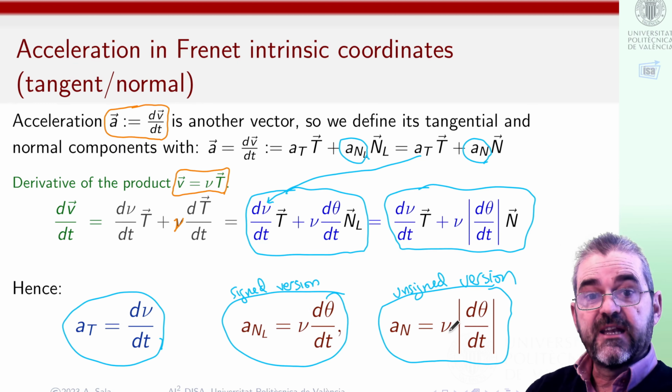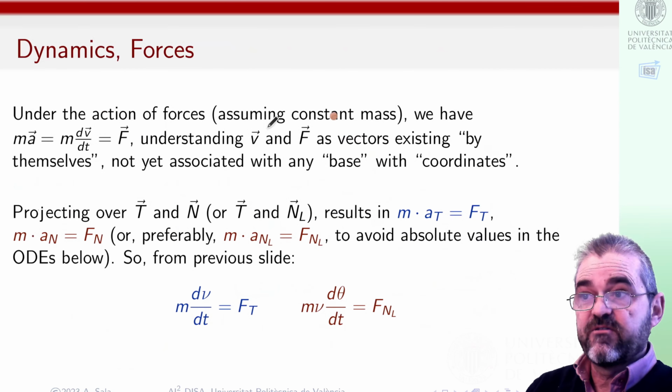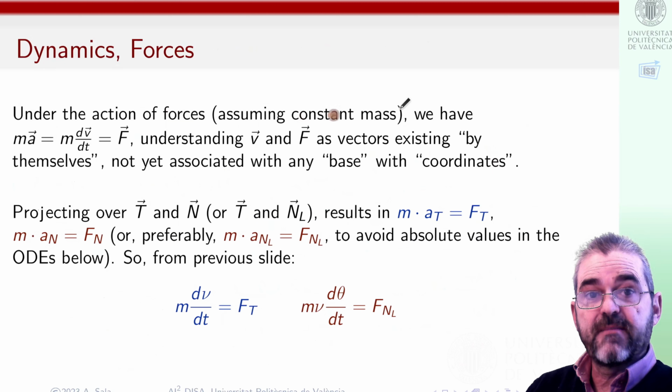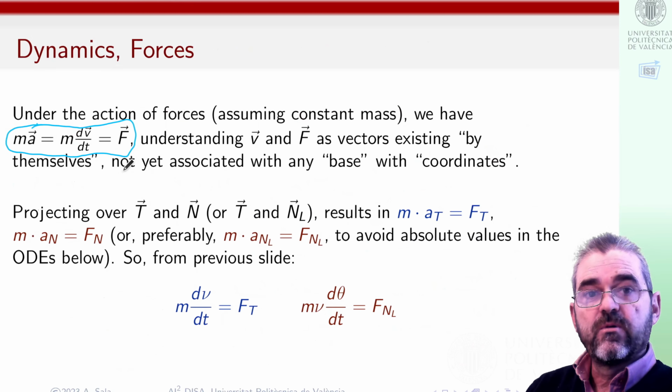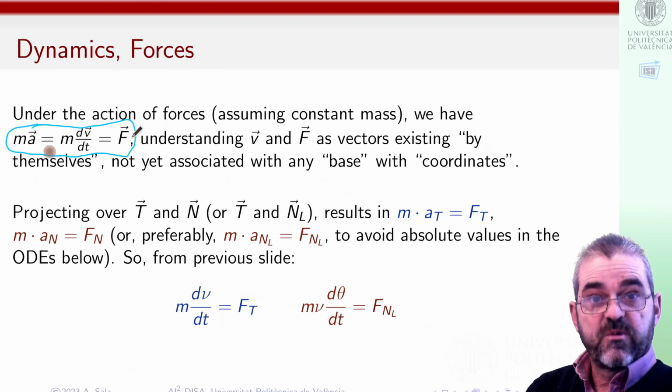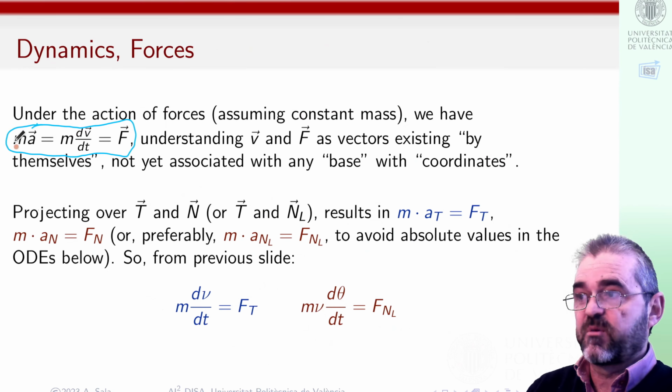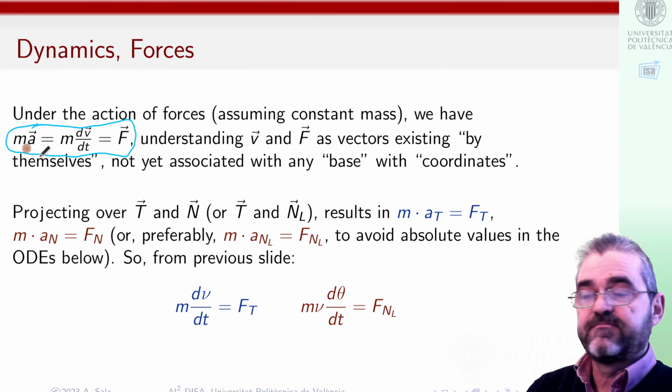So in order to end the presentation of the dynamics, we will need the forces. So if we assume, for instance, constant mass, then this is Newton's law. Acceleration is proportional to forces, and the proportionality constant is mass.